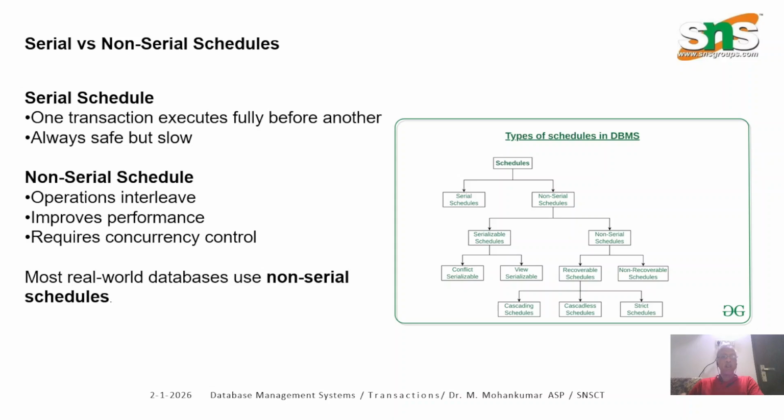It improves performance because we are giving a solution for that type of situation. Suppose a power failure, system crash or network failure takes place in our transaction, what is the solution and how will we recover? We give those solutions in the DBMS itself, so it improves the performance of the DBMS. It requires concurrency control. Yes, definitely the non-serial schedule maintains the concurrency control because it maintains the concurrency across the entire flow of activities.